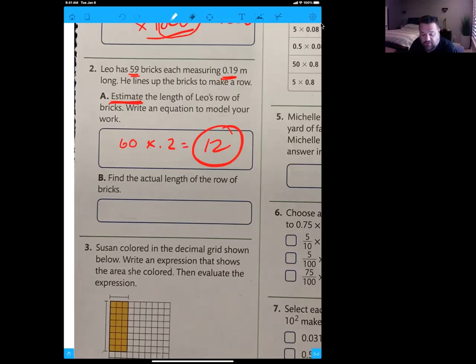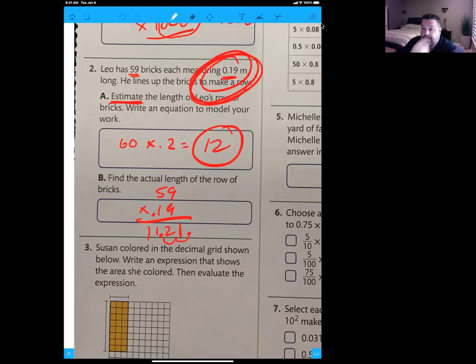Now it says do the actual problem. To do that, you have to be able to do 59 times 19 and get your answer, and then move your decimal point. Once you solve this, you'll get 1121 if you do it right. In this 1.9 up here, there's 2 decimal moves, so you would start over here, move your decimal 1, 2, and get 11.